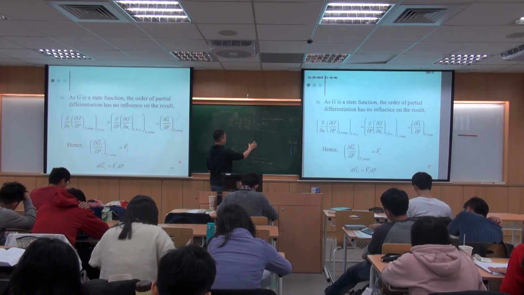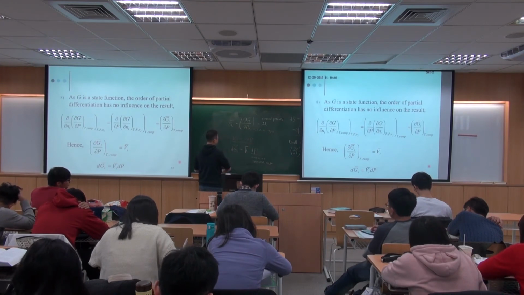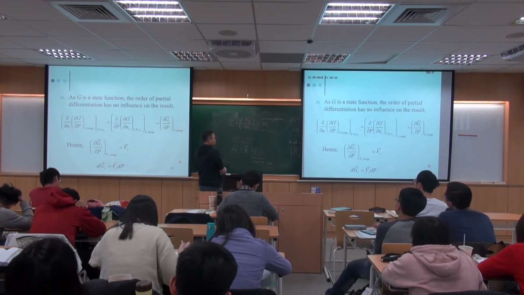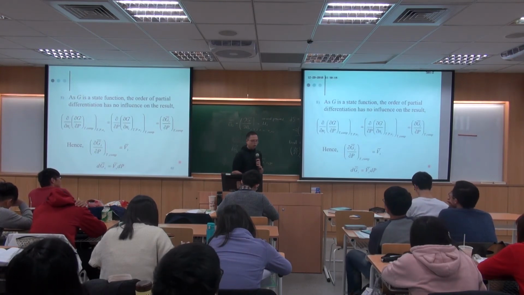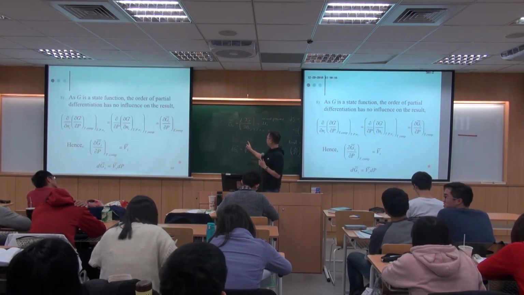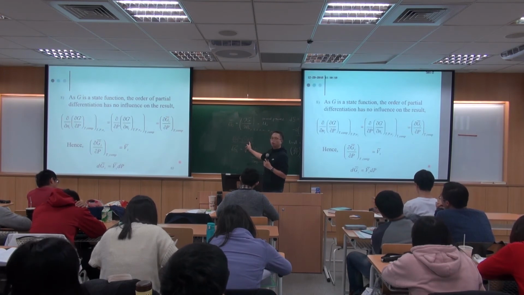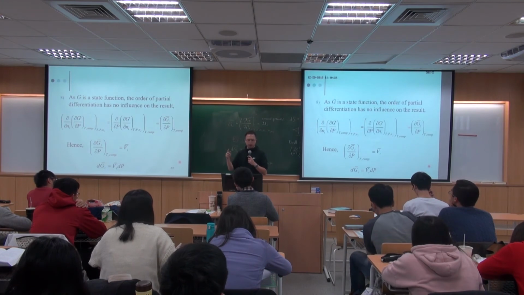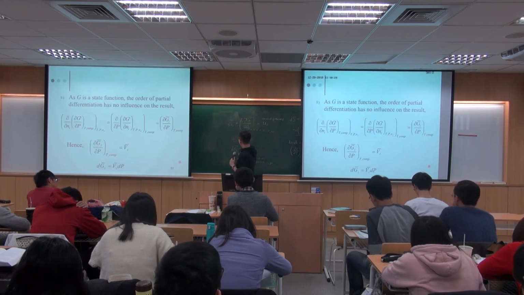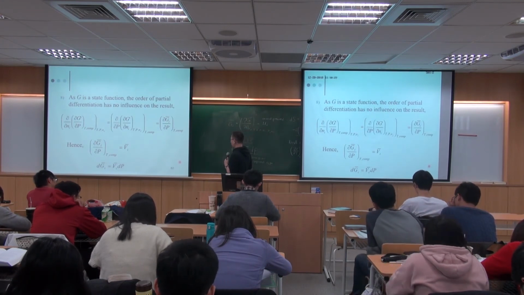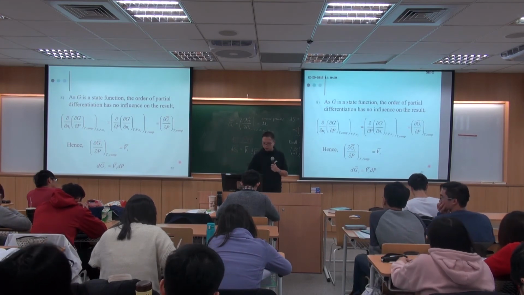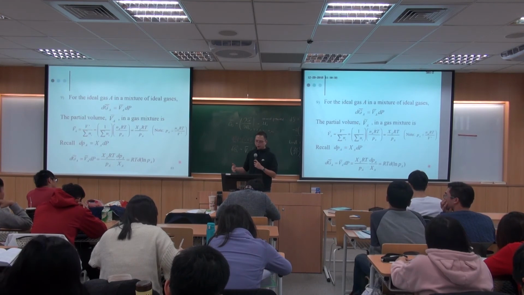Okay, so the P here, you can say this is the same. The only change is this part and this part, because we cannot take the molar fraction for both of these two terms. Only one of these two will have this partial Ni being taken. But in this expression, we absorb that into this volume part.